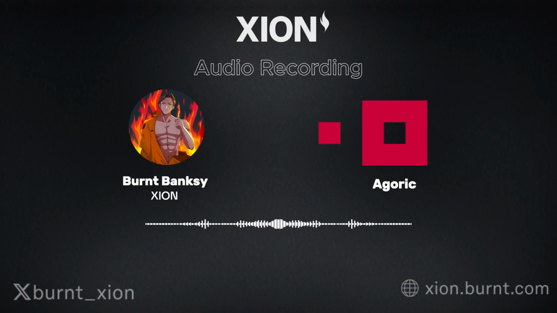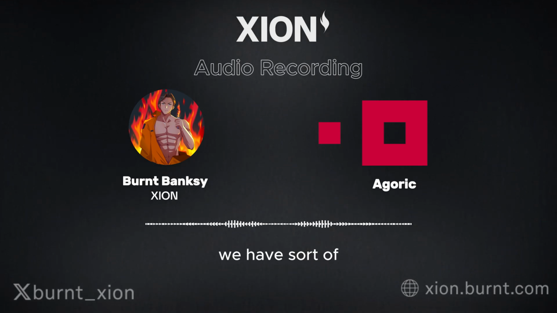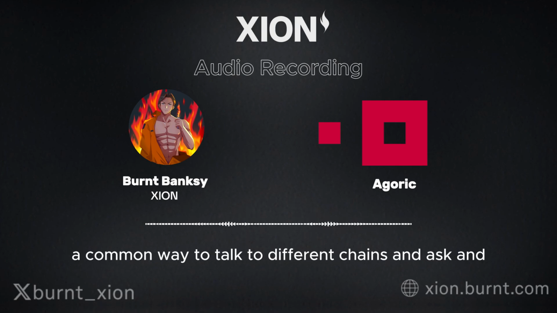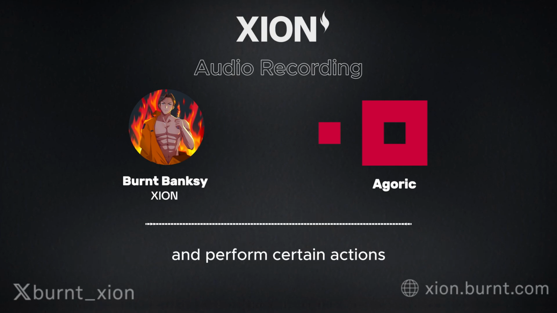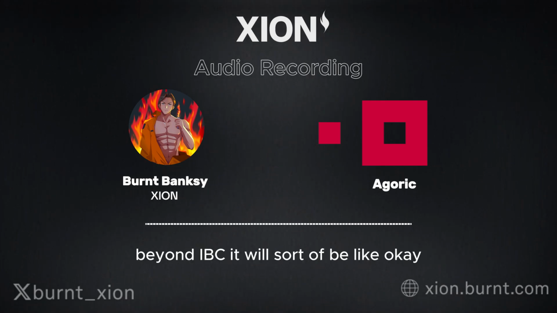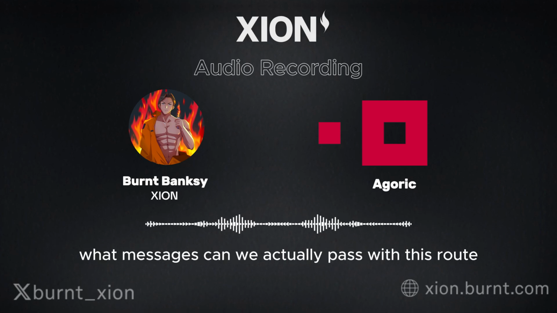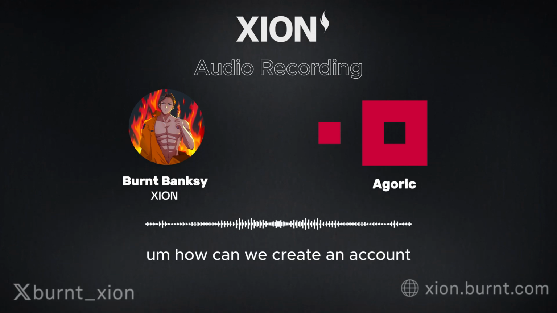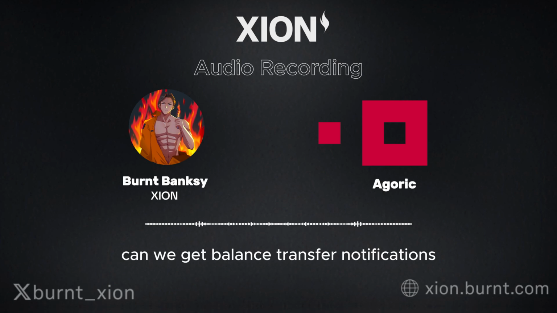IBC provides a nice uniform infrastructure for ICAs, ICQs. We have a common way to talk to different chains and perform certain actions, so it becomes very easy for IBC-connected chains. Beyond IBC, it will be more like, okay, what messages can we actually pass with this route? How can we create an account? Can we get balance transfer notifications?